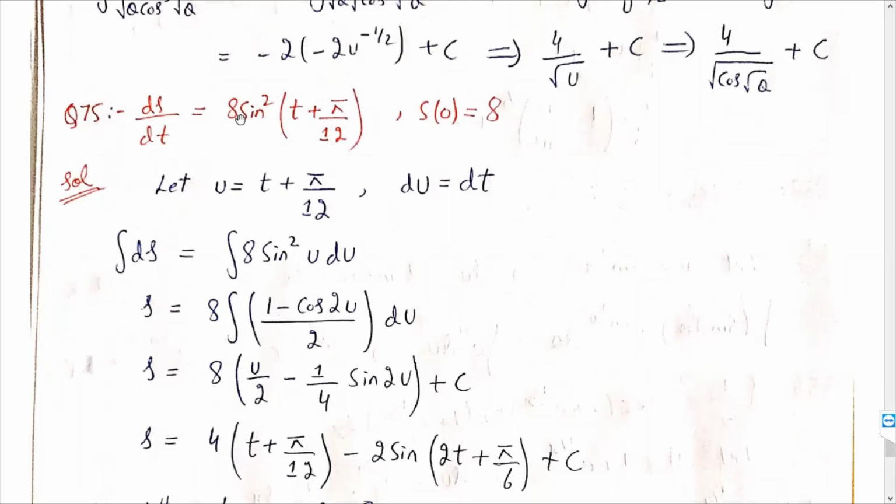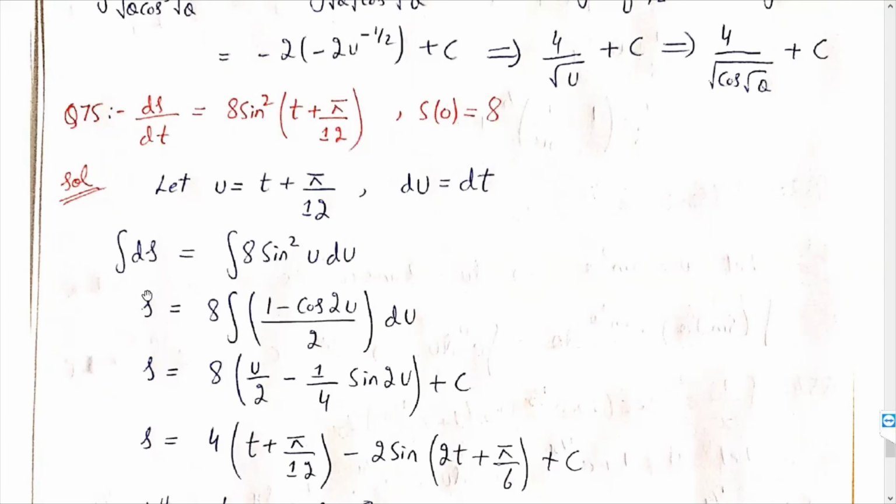Integral ds equals 8 sine square u du. I can take 8 out of the integral, so 8 integral sine square u can be written as (1 minus cos 2u) by 2 du.